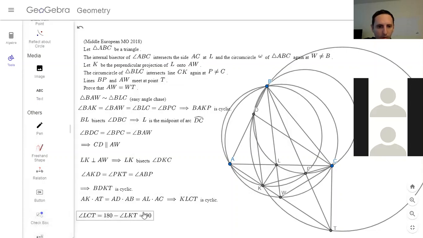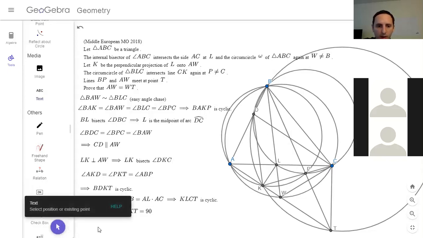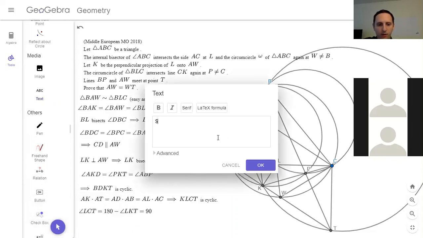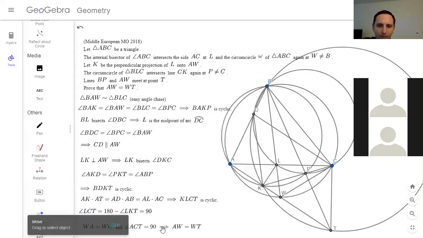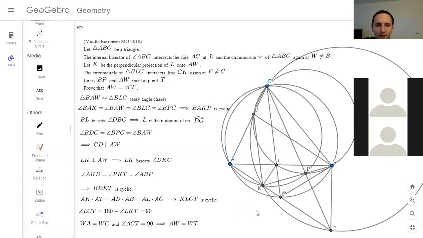And so once we know that that's true, then since WA is equal to WC, I'll just say this: WA equals WC and angle ACT equals 90 implies AW equals WT. All right, thanks for your help there. That was a fun one. And I will move on to the next one.